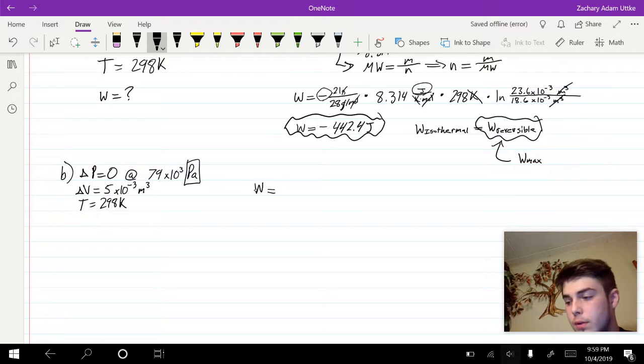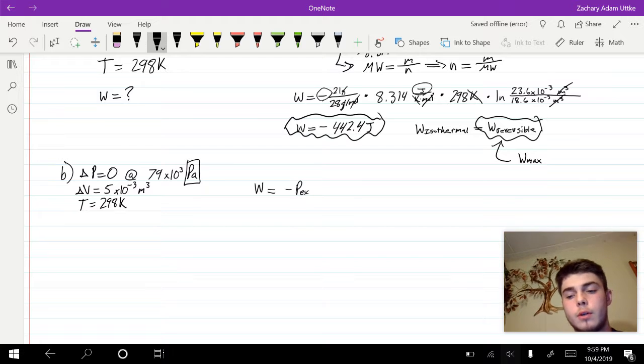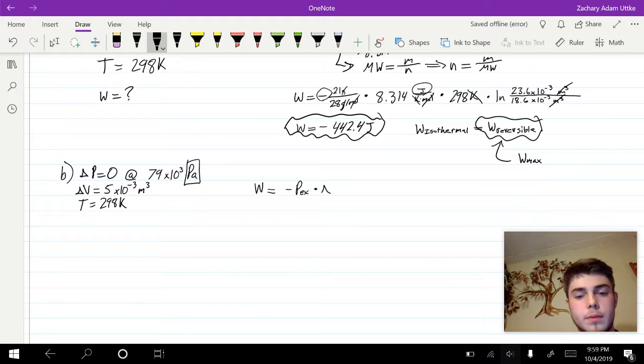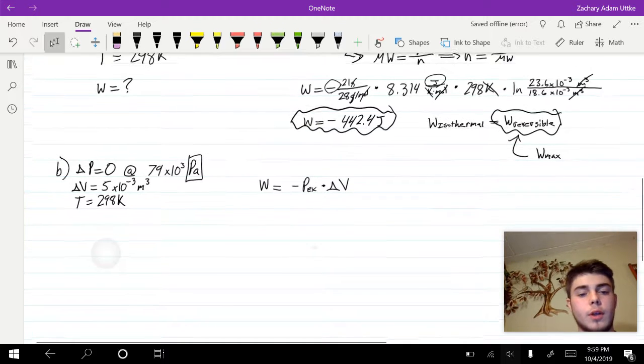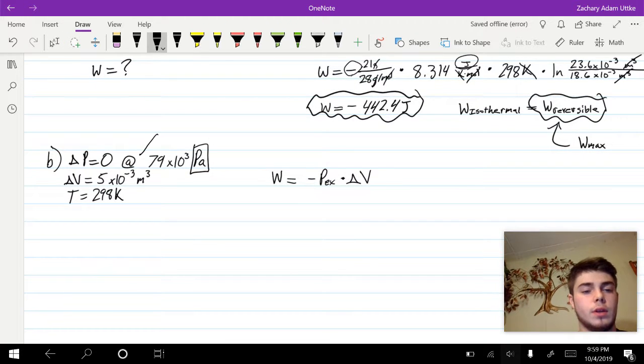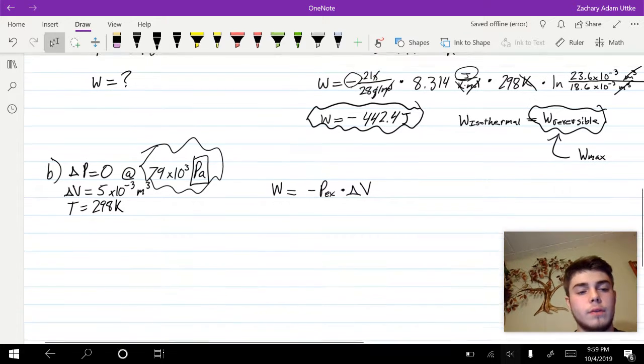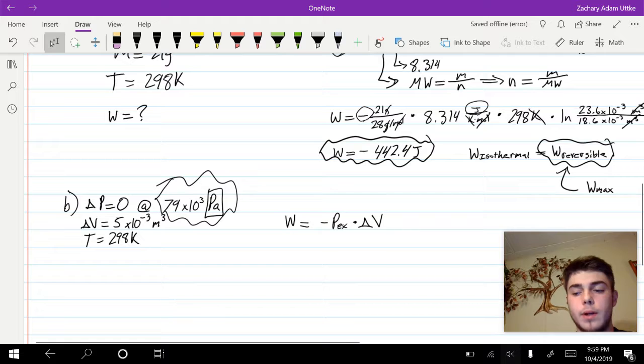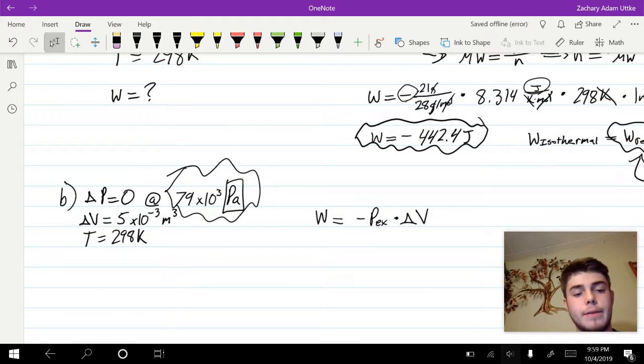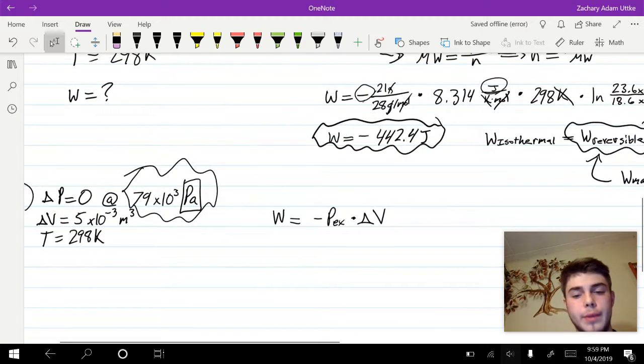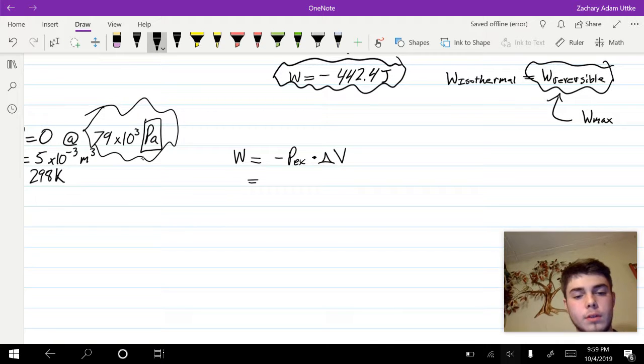Work equals negative P external times delta V. So P external is just going to be the 79 times 10 to the third pascals, and delta V, it gave us directly in the problem, 5 times 10 to the negative third meters cubed. So we can simply plug these values in.